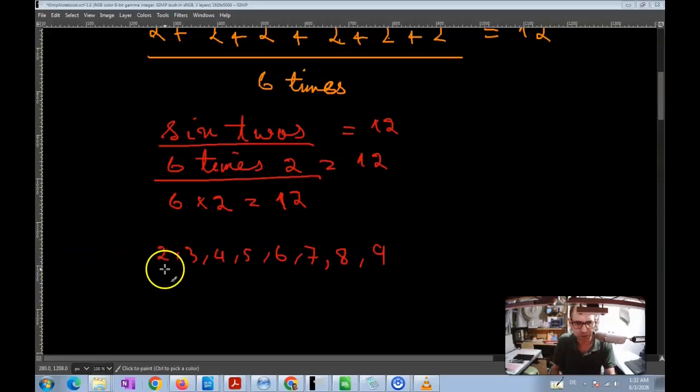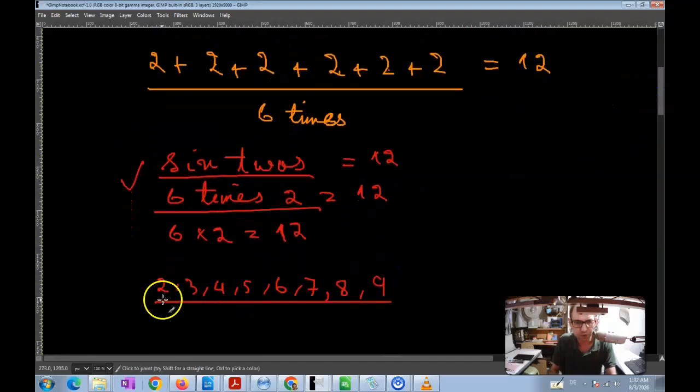So using the same strategy that we used over here, you can build the multiplication table of all of these numbers, which we did in the previous video, right? And so now I know what is 6 times 1, 6 times 2, 6 times 3, 6 times 4, 2 times 3, 2 times 4, 2 times 5, 2 times 6, 3 times 1, 3 times 2, and all the numbers.